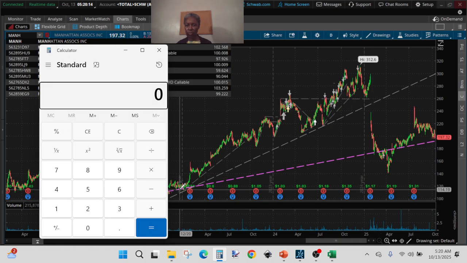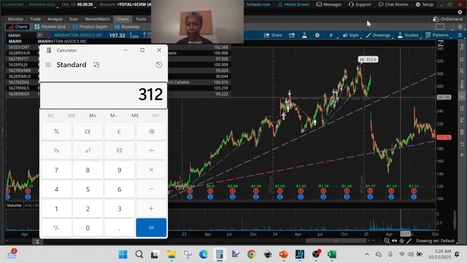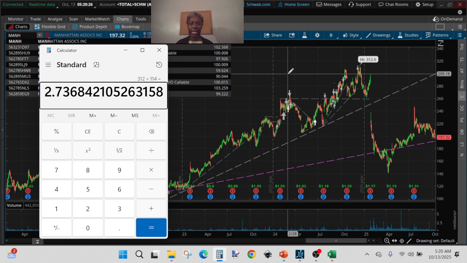So I will take that 312 divided by that 114. I thought I saw 112 before, but let's just use 114. So we'll use 312, I'm just rounding it down, divided by 114. It's giving me 2.7. So that means from that support line, if you purchase it there, the price will have more than doubled by here.